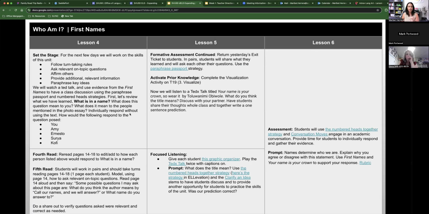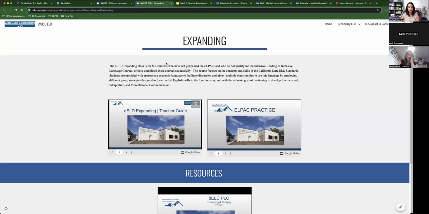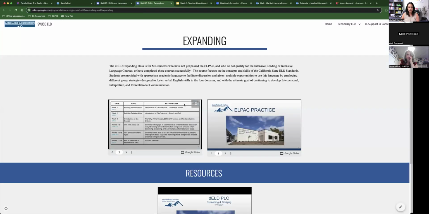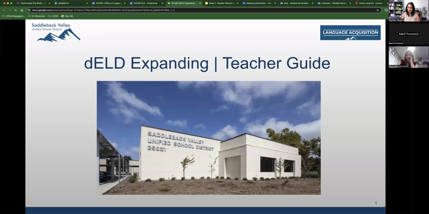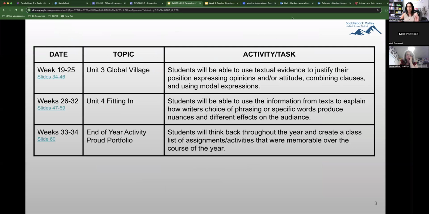So units 1 and 2 are the exact same ones from last year. And then we have an end of semester performance task. Now we're teaching 2 units in semester 1, and then it's that Socratic seminar that we did last year.